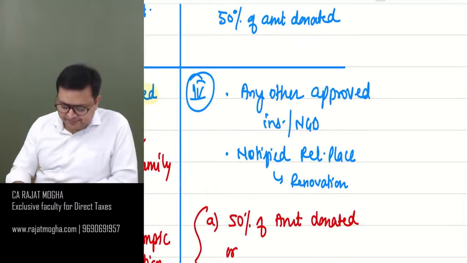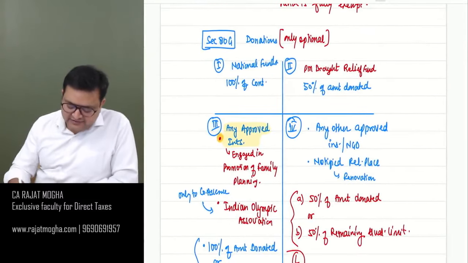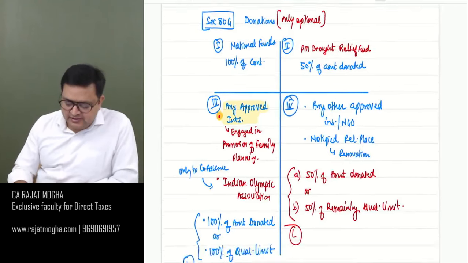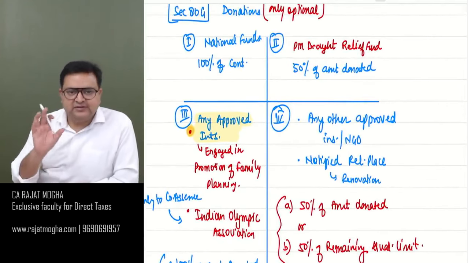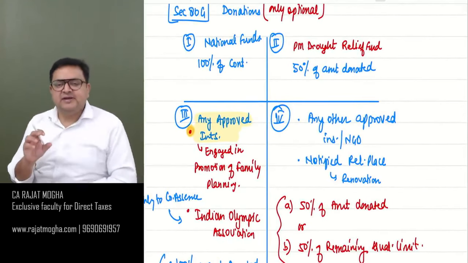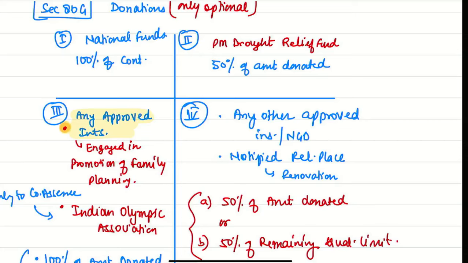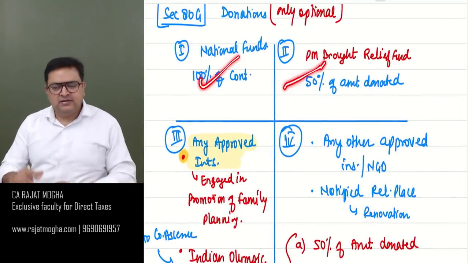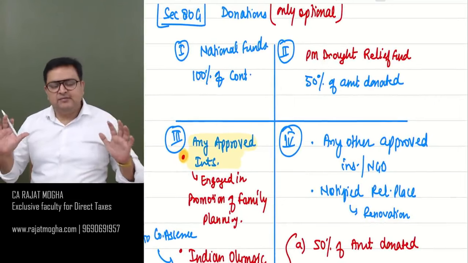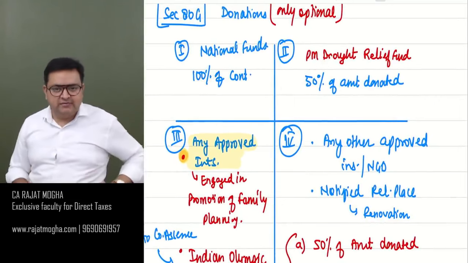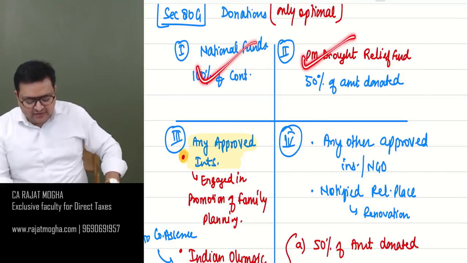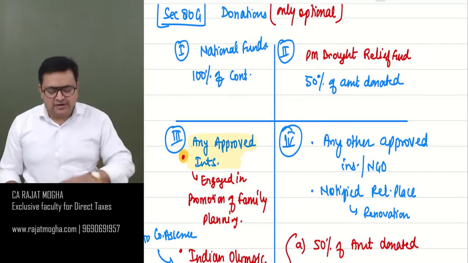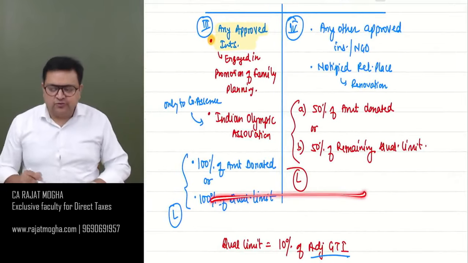Got it? So here he is donating in category 2 and also in category 4. If in our examination we get any question where your donations are going only to the first and second categories, then please be very happy because you don't have to calculate the qualifying limit. The qualifying limit requirement is only in the 3rd and 4th.